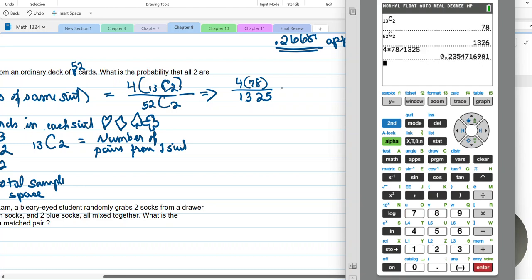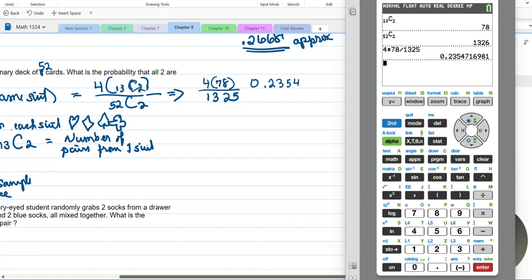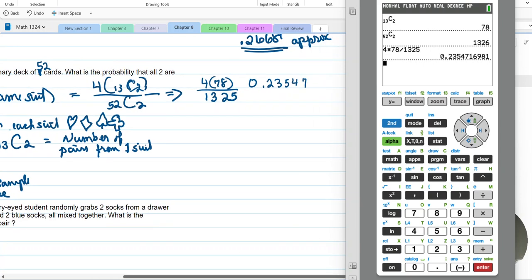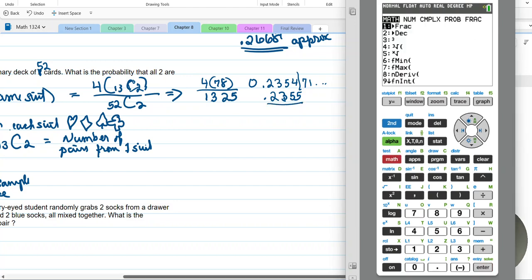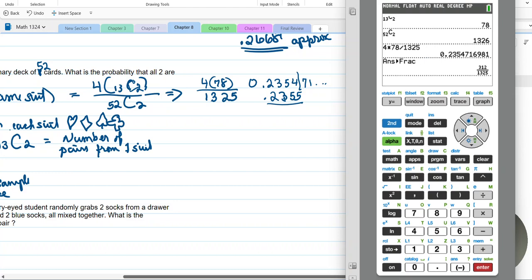And I get this number. And I'm going to do 4 decimals. If they want an approximation, this is the answer. Well, what do we want? A fraction? Math, enter, enter.